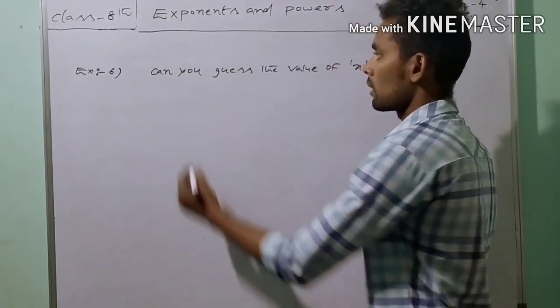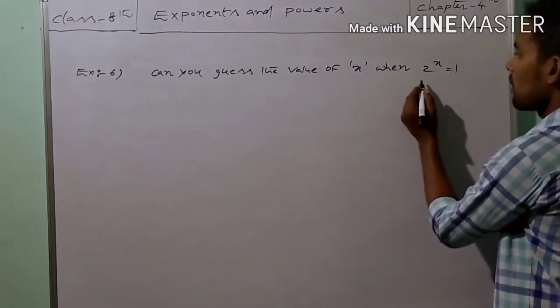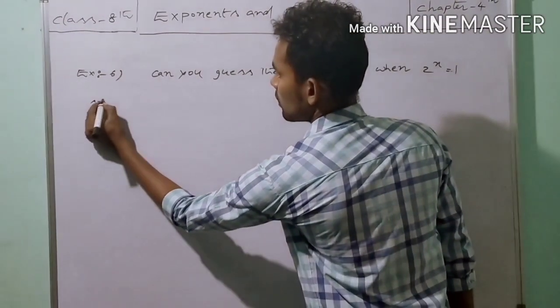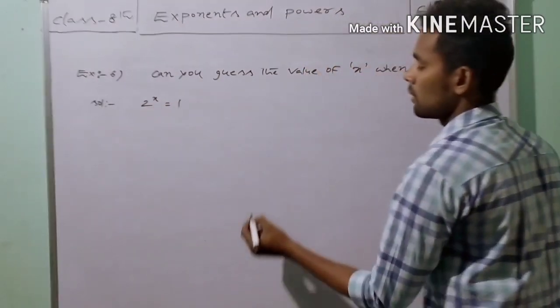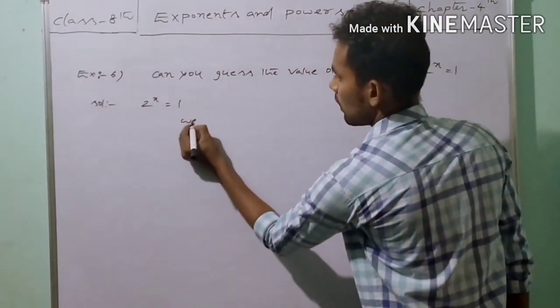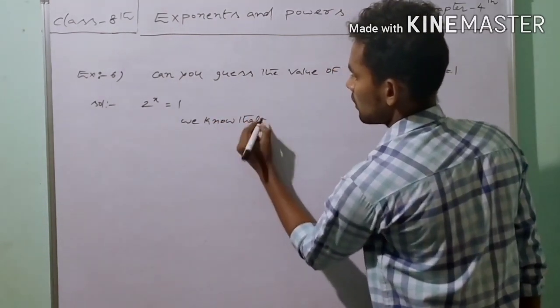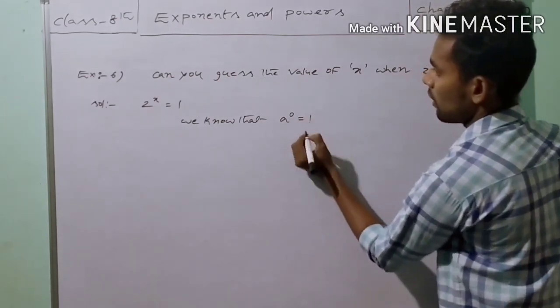Example 6. Can you guess the value of x when 2 power of x equals 1? Solution, 2 power of x equals 1. We know that a power of 0 equals 1.